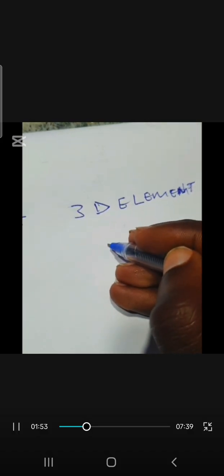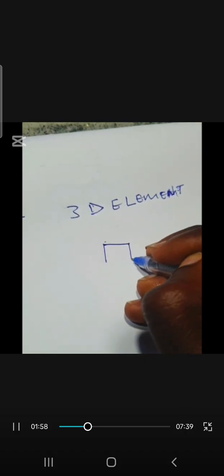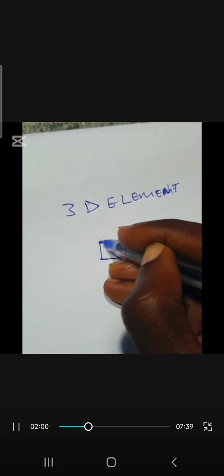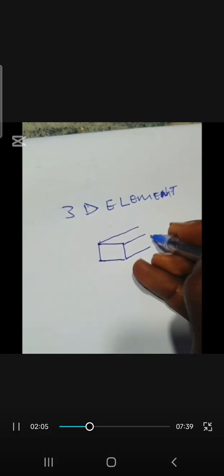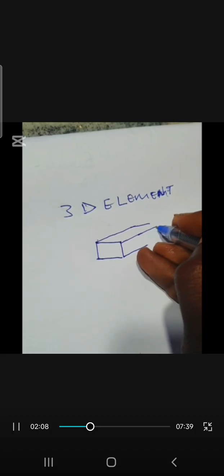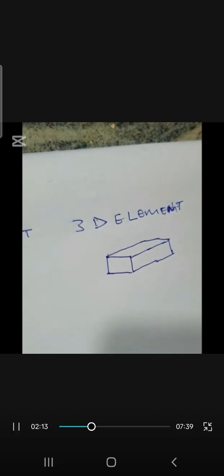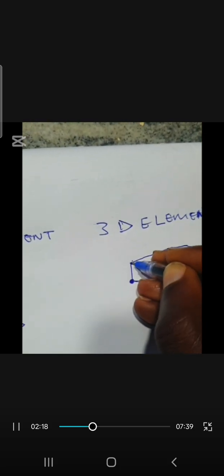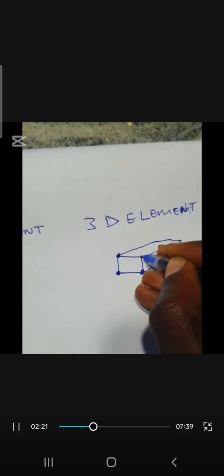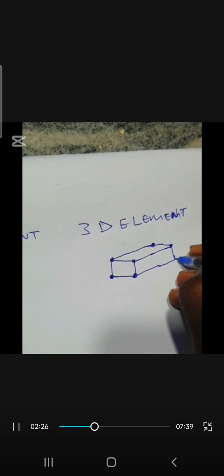So for the 3D element, let's say we have a cube like this. So we have the nodes connected at this point. Then we have the nodes.